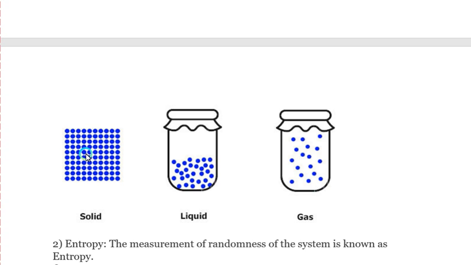Gases show syempre sang maximum nga movement of molecules. So this movement of molecules is known as our randomness. So thus we can say that solids have less randomness. So liquids have more randomness compared to solids. Kag ang mga gases, so they have maximum nga randomness kung i-compare sila natin.